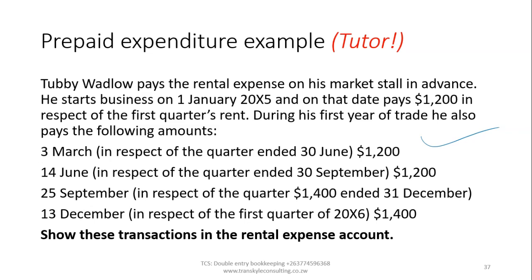Show the transaction in the rental expense account. Remember, this guy's year end is 31st December, all right? But he paid for the three months into next year. So what then happens? The other months which were paid for the next year's quarters is a prepayment. So let us come with the rent expense account.